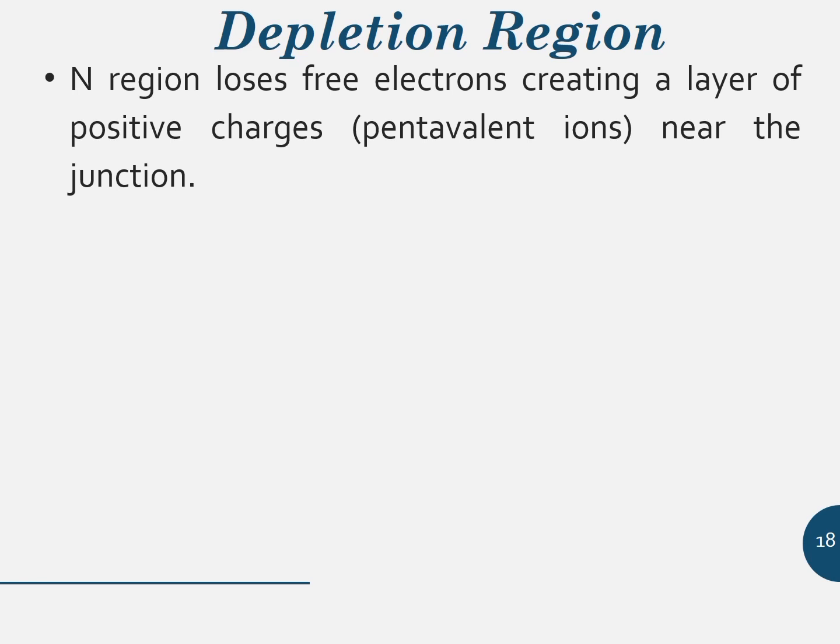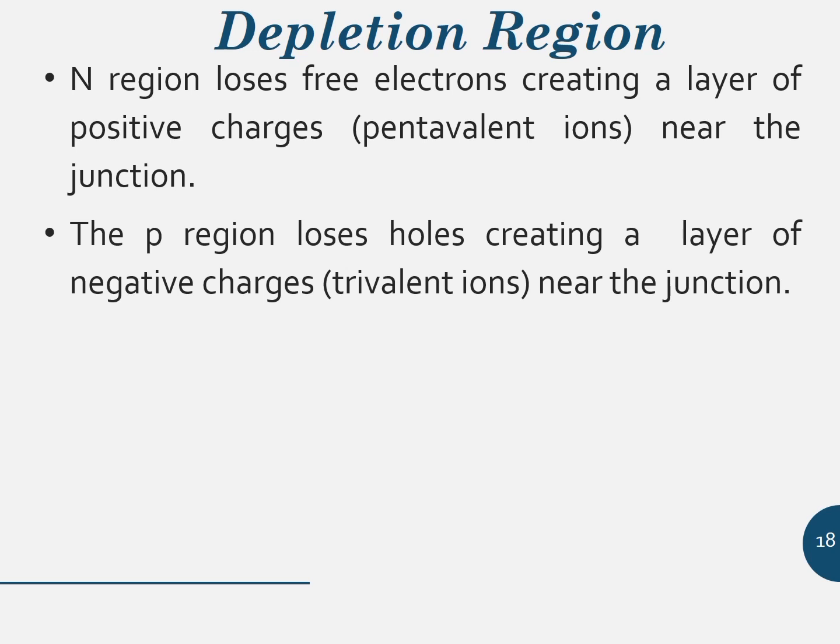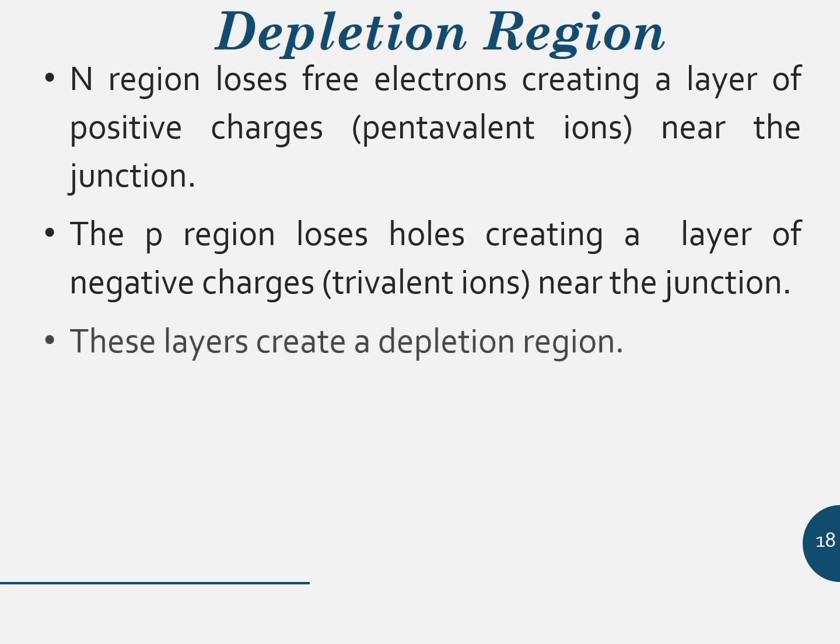As the electrons move across the junction, the p region loses holes as the electrons and holes combine. This creates a layer of negative charges, that is, trivalent ions, near the junction. These two layers of positive and negative charges form the depletion region.